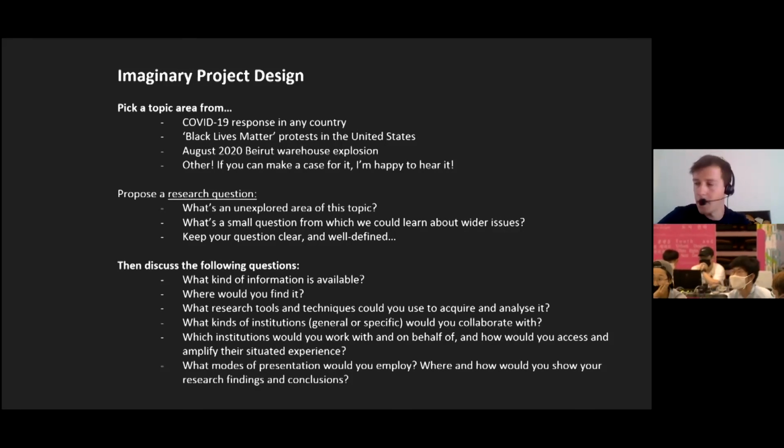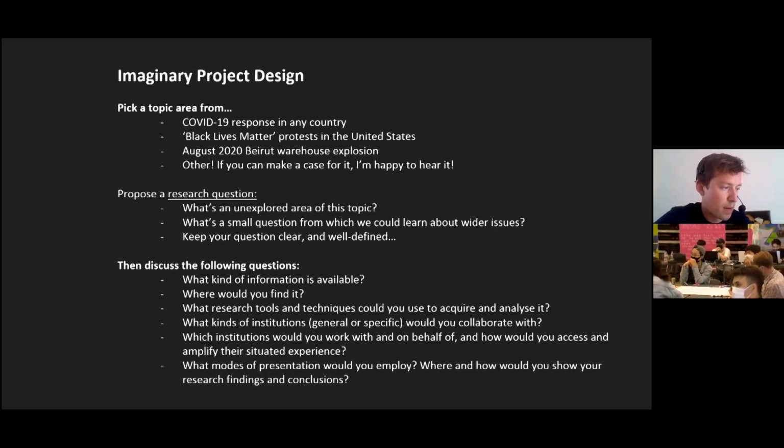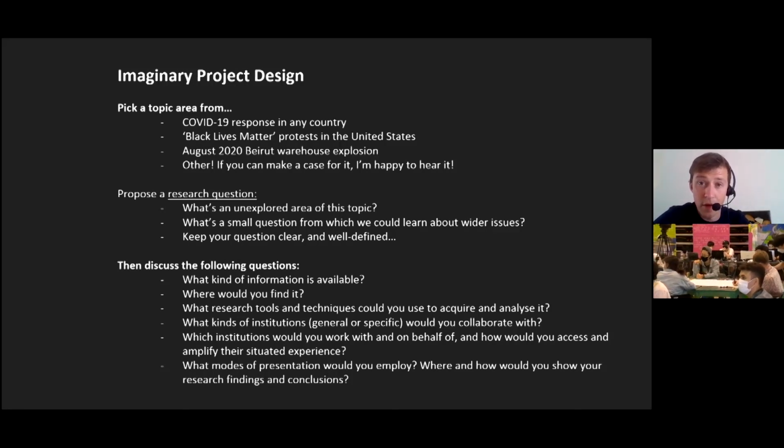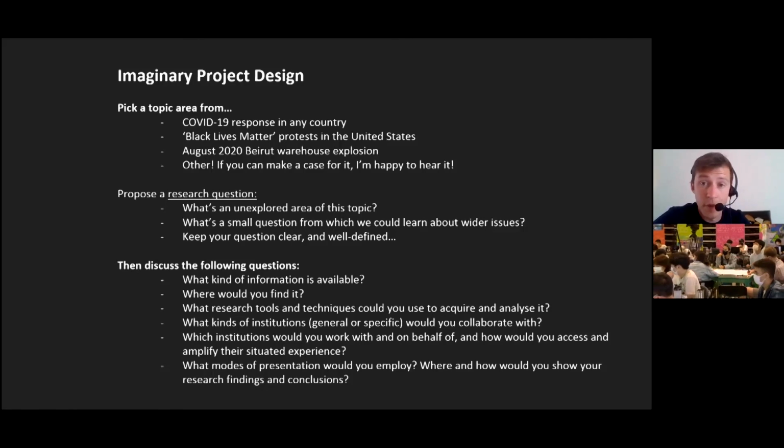Okay, great, thank you. I think it's a really good idea. Ideas around ecocide and environmental violence, I think, are really good places to pursue open source research because there is a surprising amount of information available.